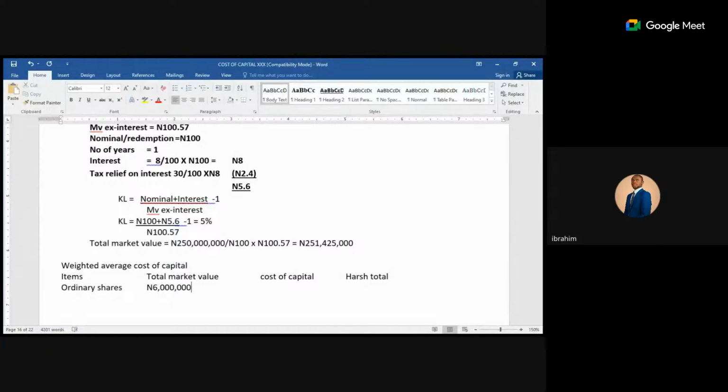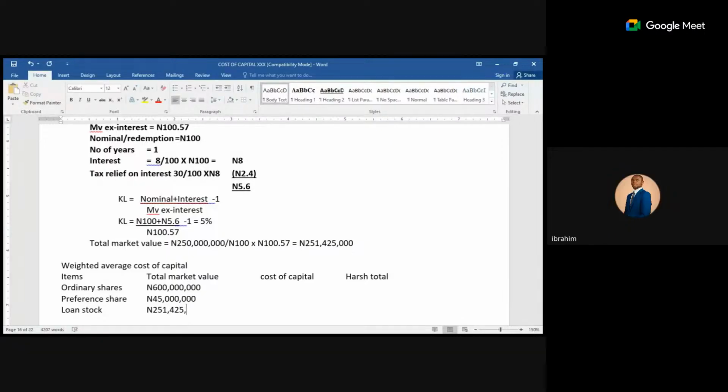The preference shares is 45 million. The loan stock is 251,425,000.